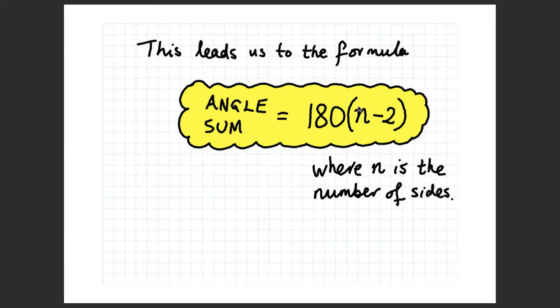And that's because you've got the number of sides, you take away 2, and that gives you the number of triangles that it'll split into. And then each triangle is 180 degrees, so that times 180 tells you what the angles all add up to. So pause the video and take a note of that neatly, please.